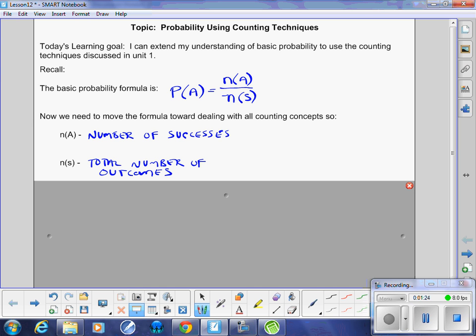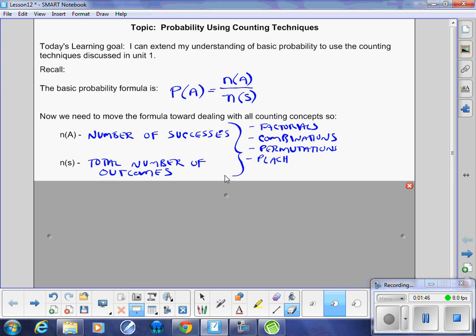Now the difference here is that we might use factorials, we may use combinations, we may use permutations, we may use the placeholder method, we may use tree diagrams.